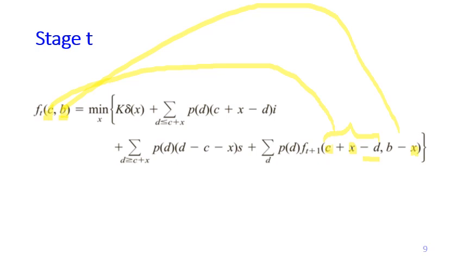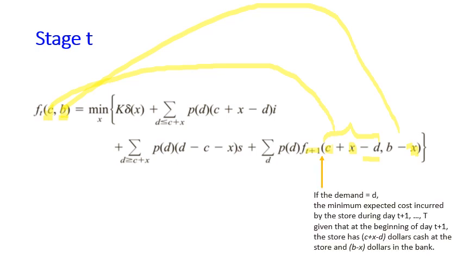So B minus X, the money that you have in the bank will be reduced. If you deposit money, then the value of X itself is negative. So B minus negative X becomes B plus X, which means that the amount of money in the bank that you have will be increased on the next day.